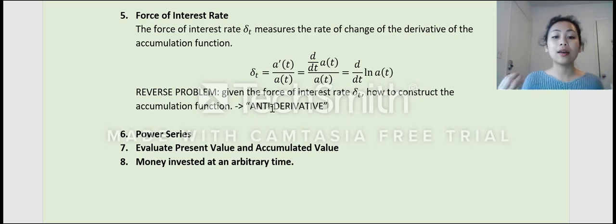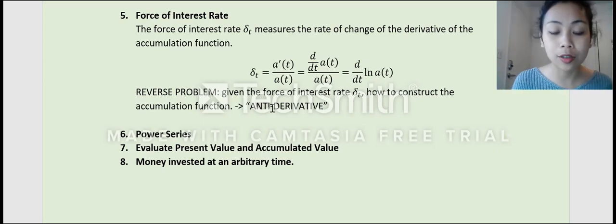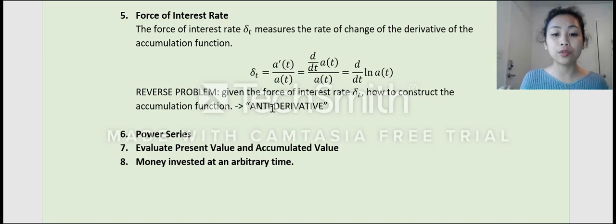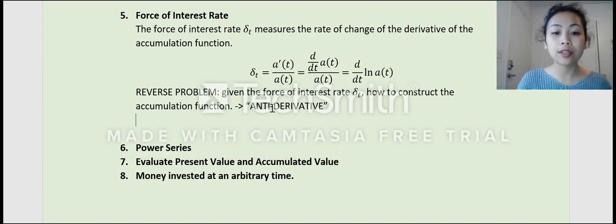So our solution would be antiderivative. Here delta t is the derivative of natural log of a of t. So if I take the integration of both sides, I will have a of t as a function in terms of delta t.